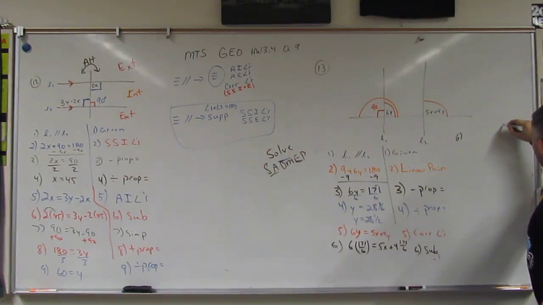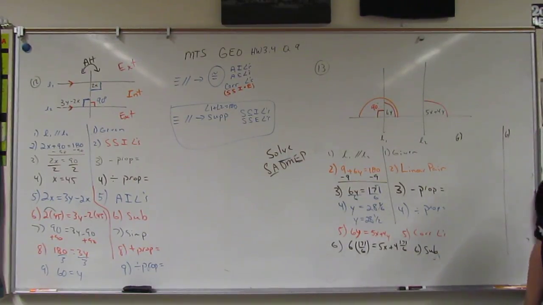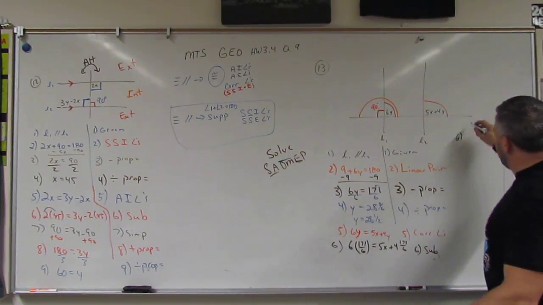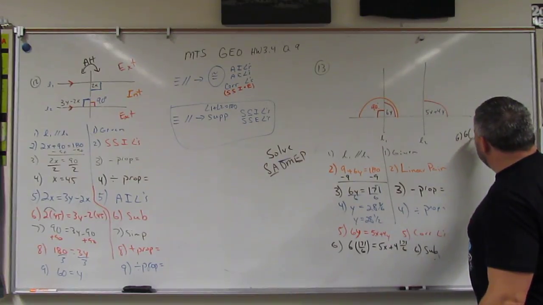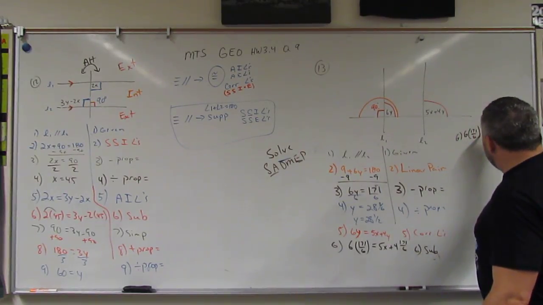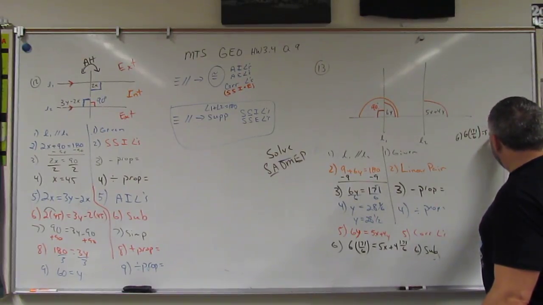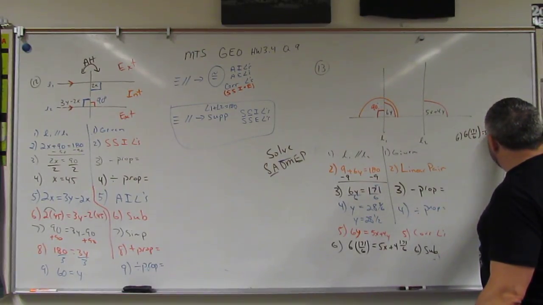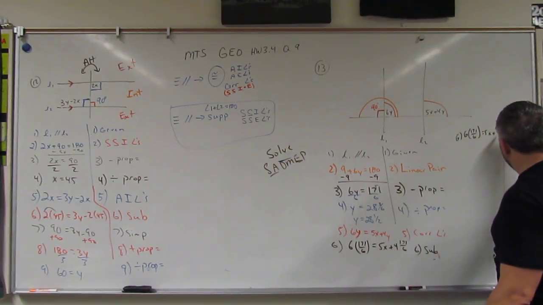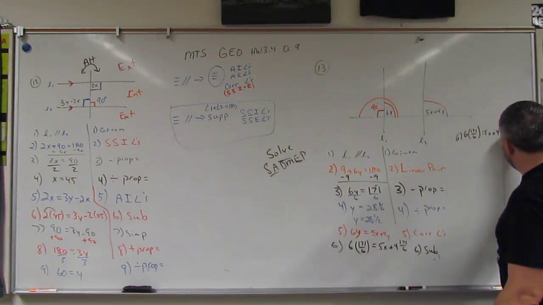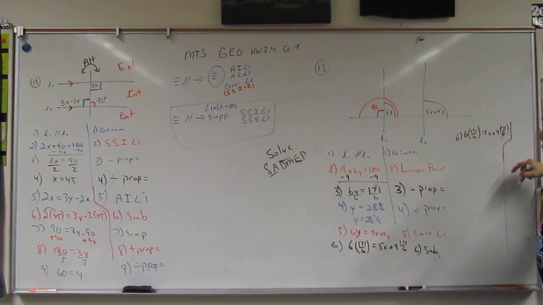And then I'll put that up there as 6 times 171 over 6 equals 5x plus 4 times 171 over 6. Okay? And then I'll start to move it that way as soon as I can. And that's number 6. It's substitution, and that's okay.